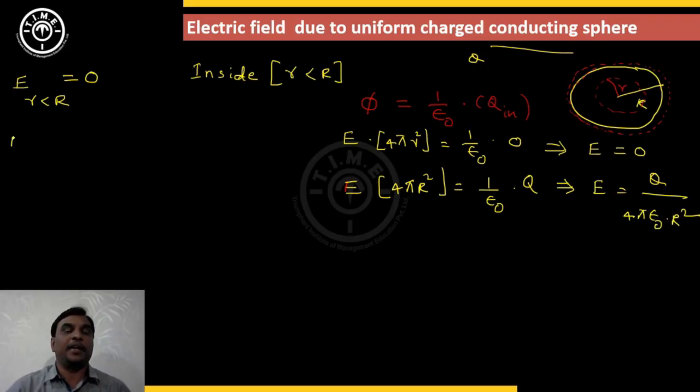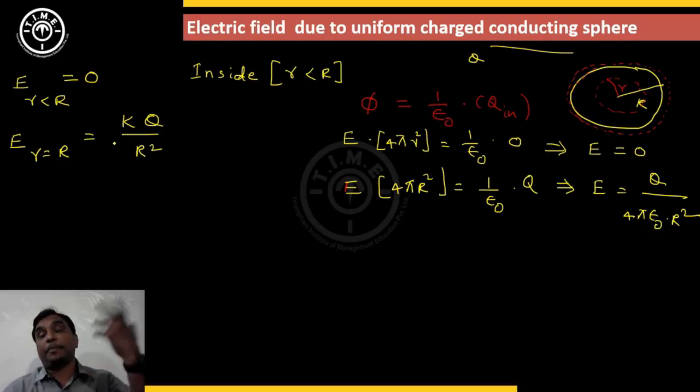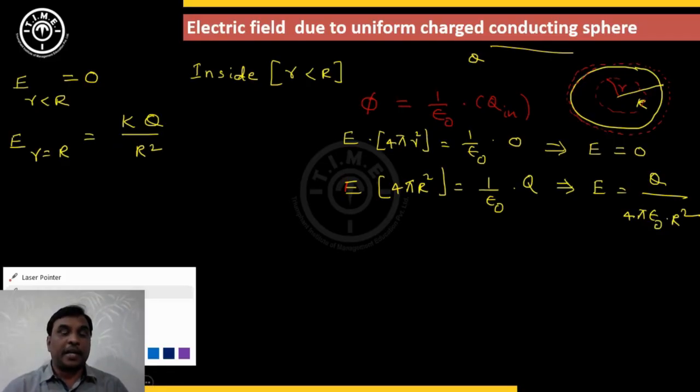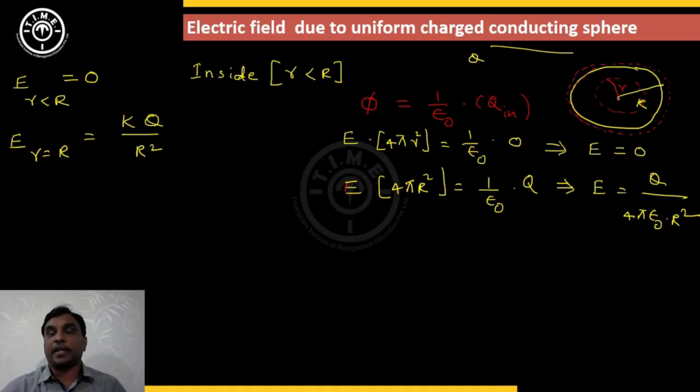So the electric field at any point on the surface is K Q by r square, where K is 1 by 4 pi epsilon naught. Now to find the electric field at any point outside, take a distance r which is greater than the radius. Again draw the Gaussian sphere and apply the same formula.